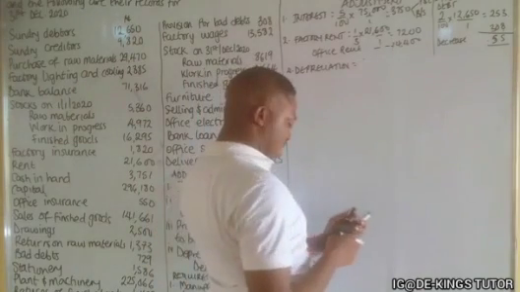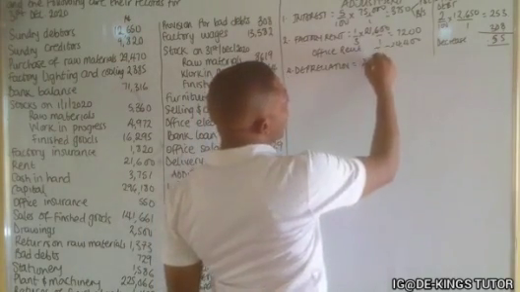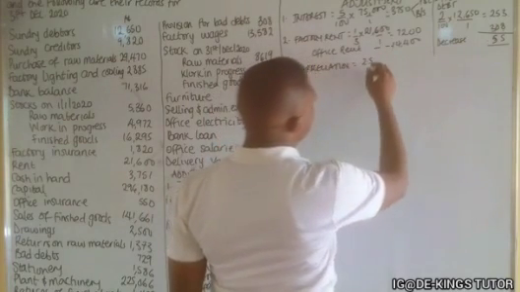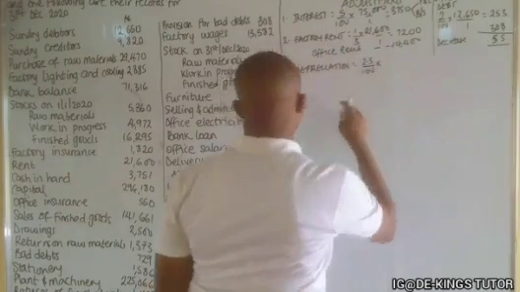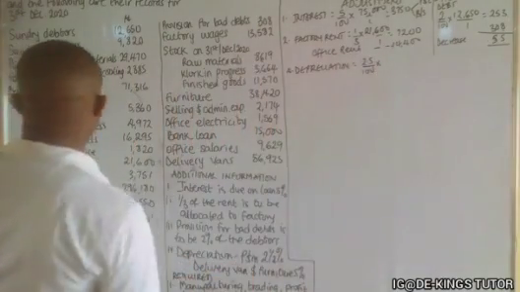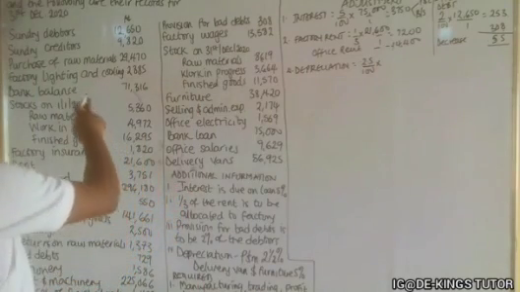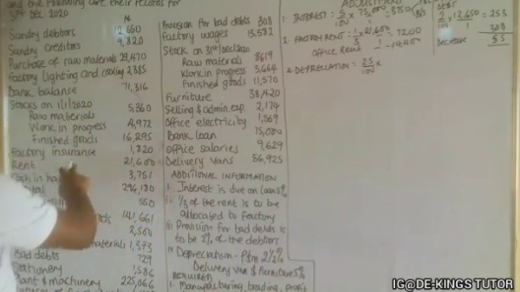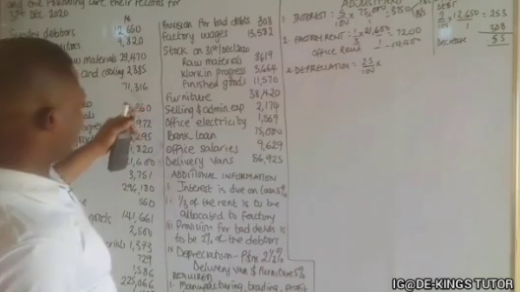Let's say 5 divided by 2 is 2.5. 2.5 over 100 times the cost for plant and machinery.